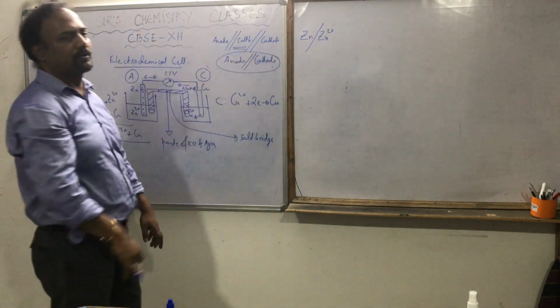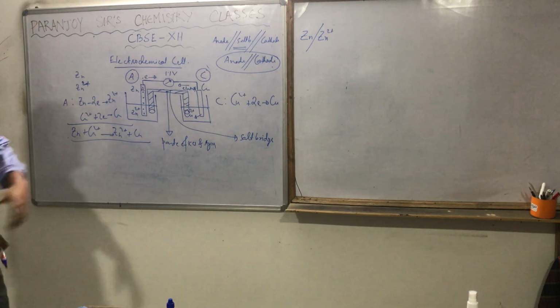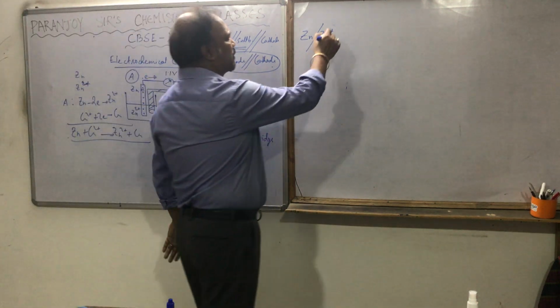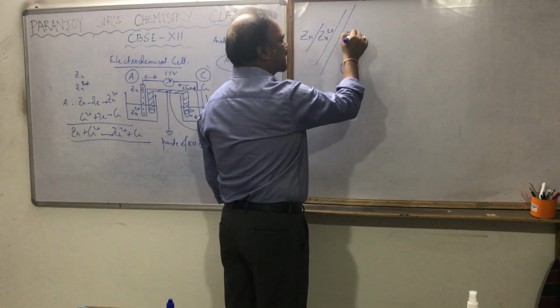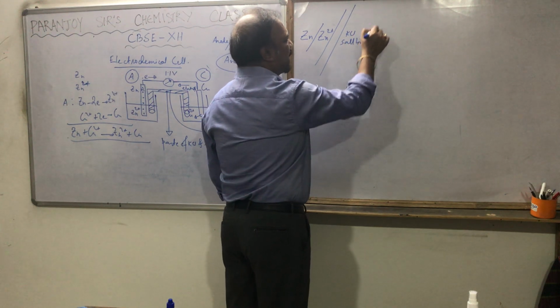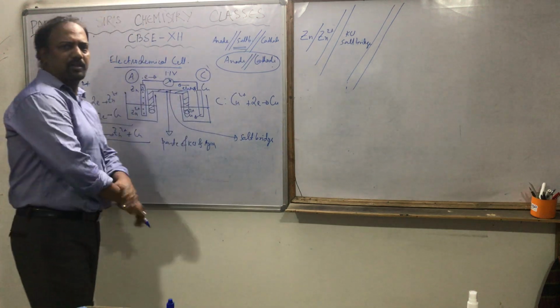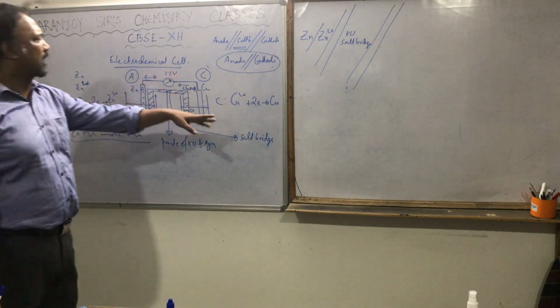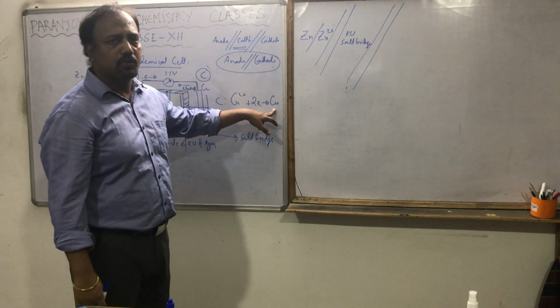That's the reaction at the anode. Then a double slash, and if I want to write it properly, the salt bridge, KCl salt bridge. Then a double slash. As I told, if you don't write this, it's absolutely fine. Reaction at the cathode: what is happening at the cathode? Cu2+ is converted into Cu.